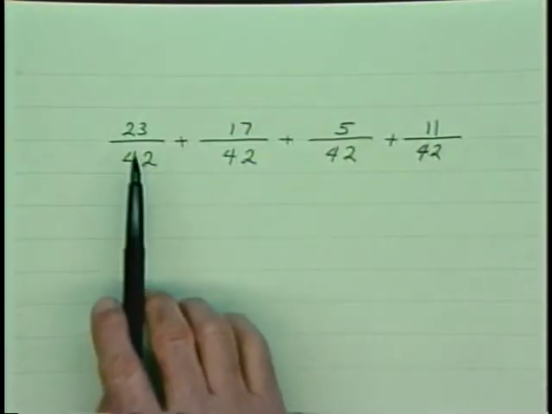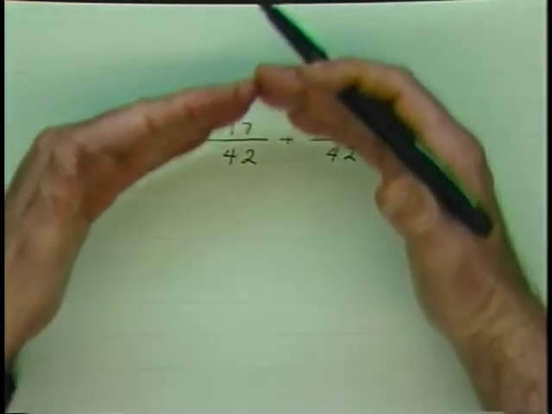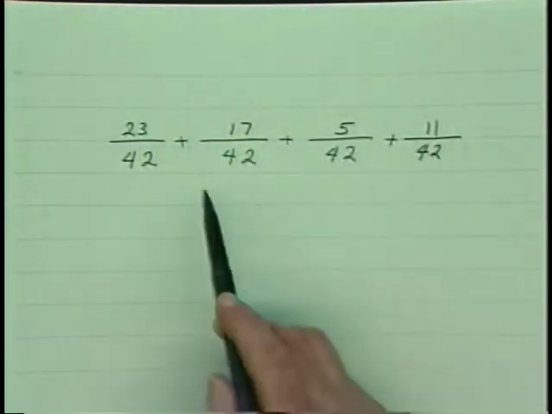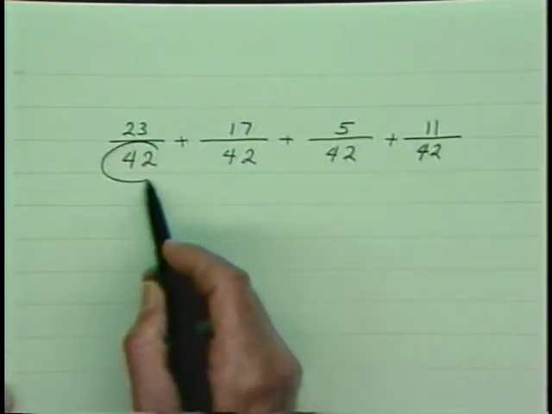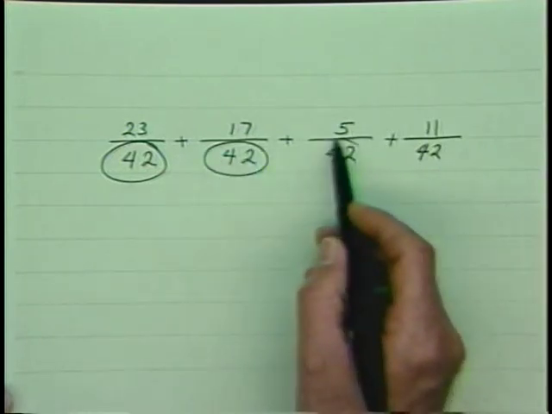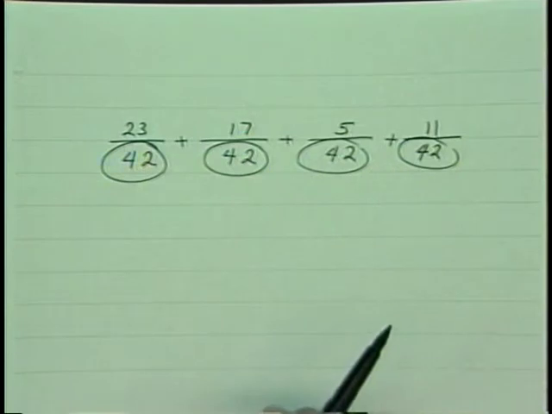So let's walk through one of everything we've done in the last few lessons so that in your mind you can tie it all together. First, if you're adding fractions, you scan the denominators and ask one question. Are they all the same?